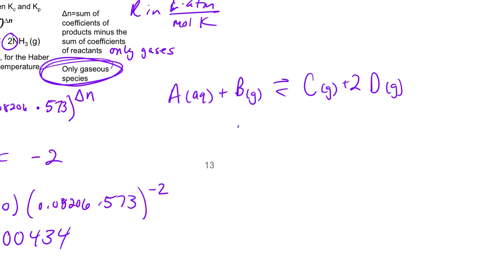Okay? So in this case, delta n would be, let's see, we have 2 plus 1 on the product side, and we have 1 on the reactant side, so it would be 2. Okay? So watch those phases, they are important.